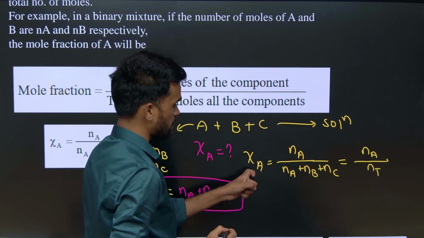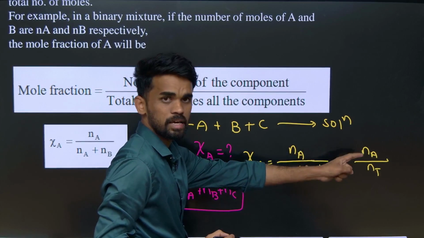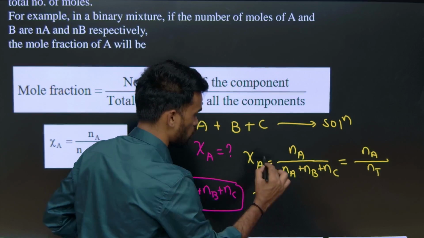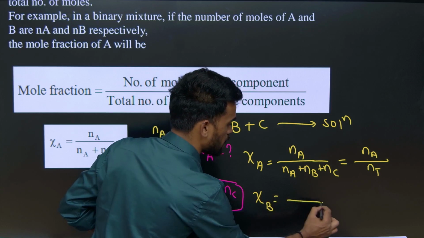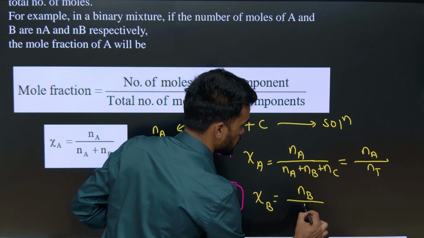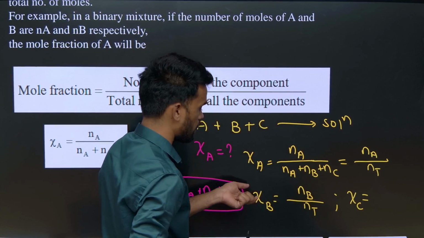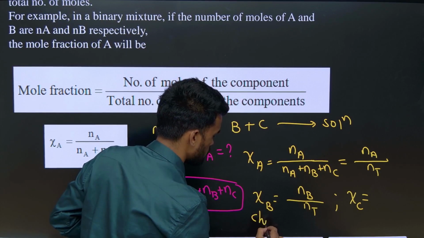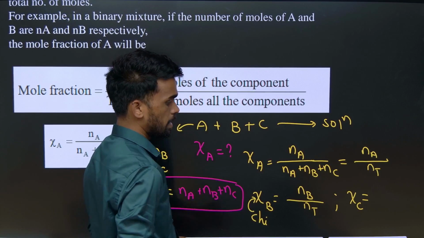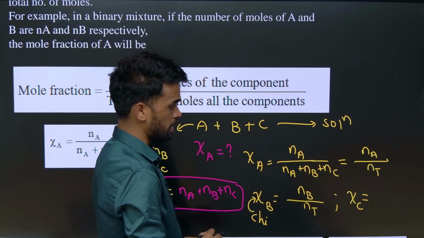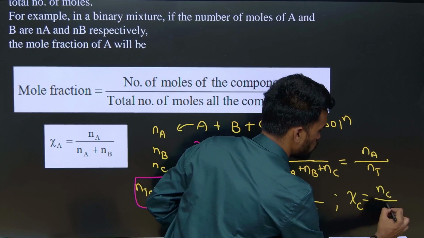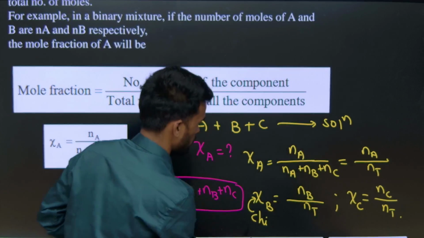For mole fraction of B, you take Nb by N total. Similarly for C, you call it chi C, the chi symbol. Mole fraction of C is Nc by N total. So this is how you write the formula.